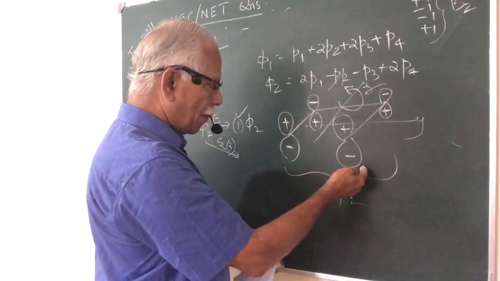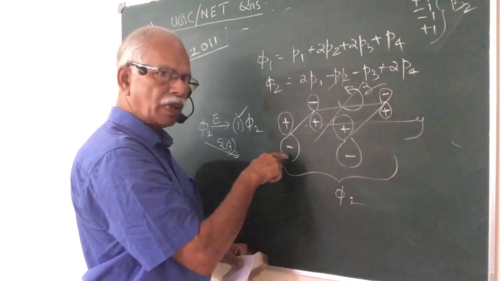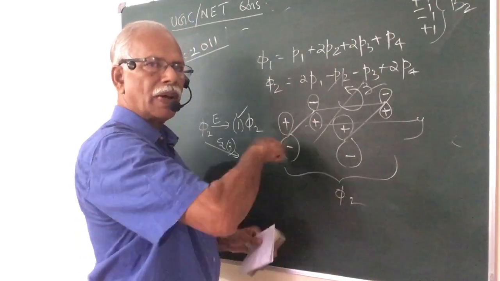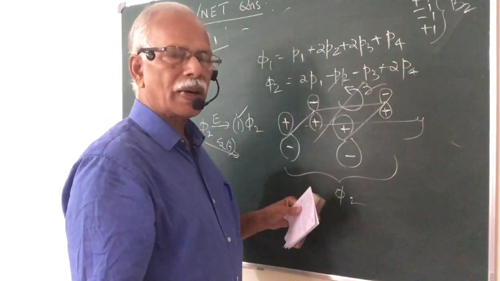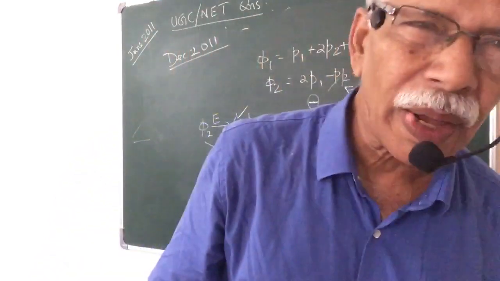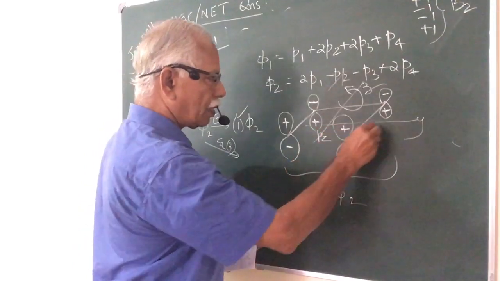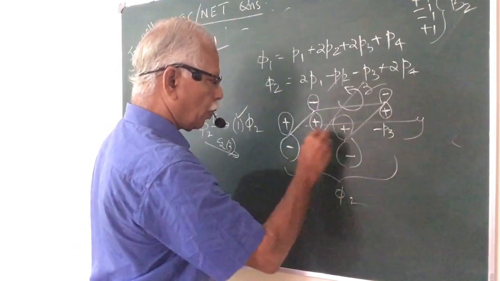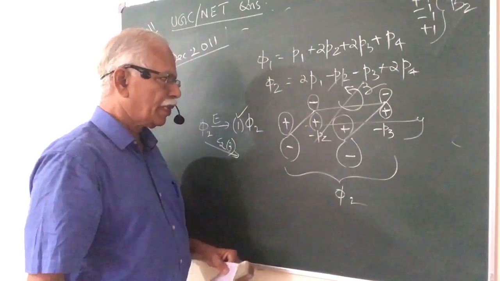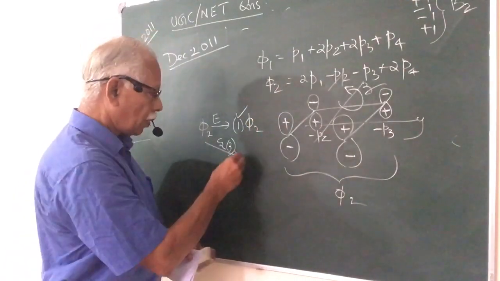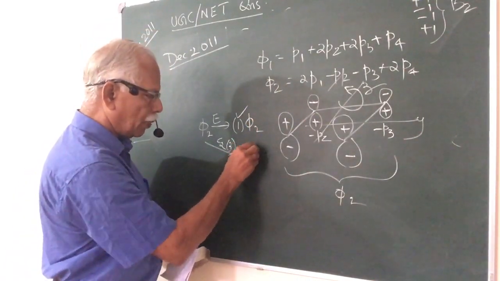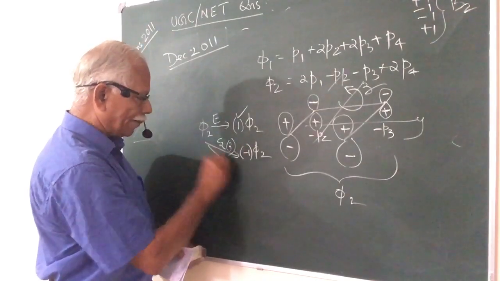This 2p4 comes to the position of 2p1, but the signs of the lobes are interchanged. So also between p2 and p3, minus p2 and minus p3 get interchanged, with the sign also changed. So the whole thing changes as if multiplied by minus 1.